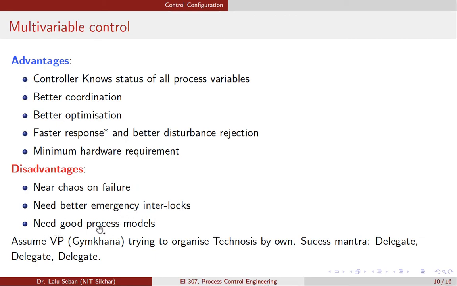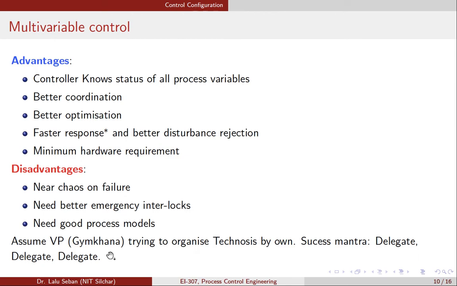Now, this needs good process models, because in single input, single output control, the relation is between Y and U. Here, we need the relation of Y1 as a function of U1, U2, U3 like that. We need Y2 as a function of U1, U2, U3 like that. So the mathematical model requirement in developing the control strategy will be a little more complex. Or we require a better model for developing good controllers.